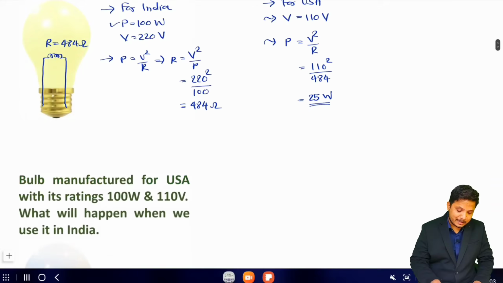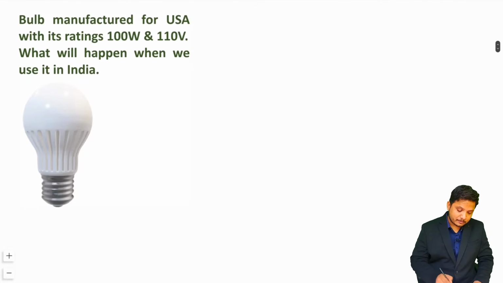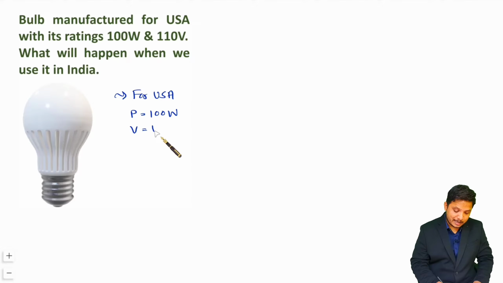Now let us have a second case study, in which the bulb is manufactured for USA with its rating of 100 watt and 110 volt. So for USA, this bulb has a power rating of 100 watt and a voltage value of 110 volt.